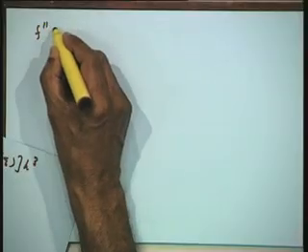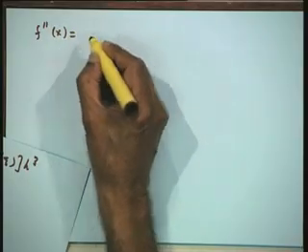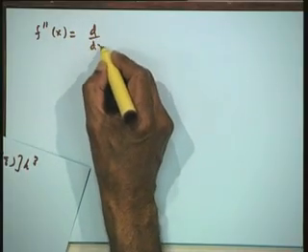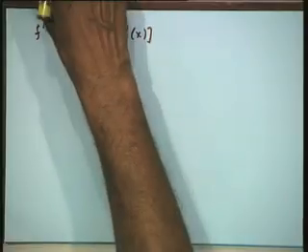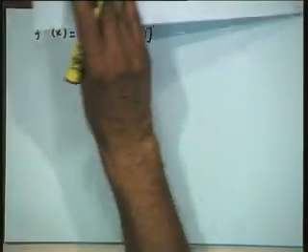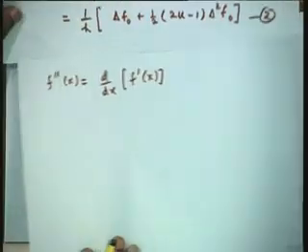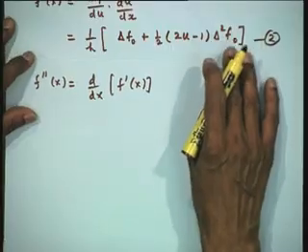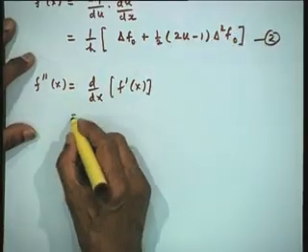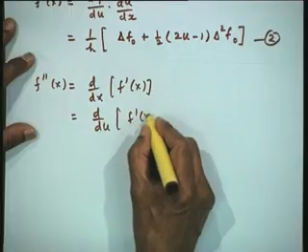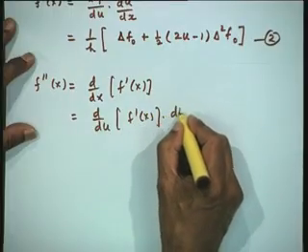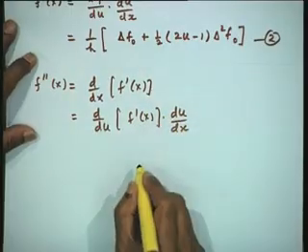Now, the second derivative would be possible because we are doing the quadratic interpolation. So, I can find out my second derivative also, f double dash of x, that will be by definition d upon dx of f dash x. Now, I need to use this to get the next derivative. So, this will be d upon du of the expression that we obtained for f dash x into du by dx.